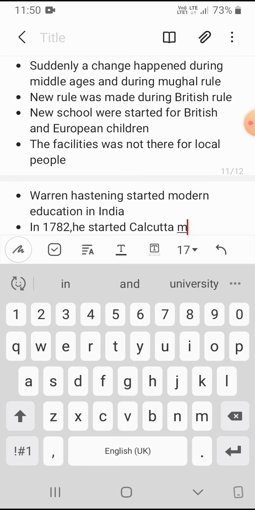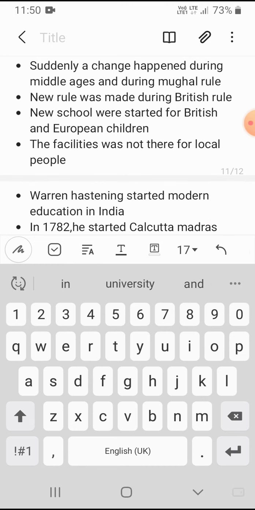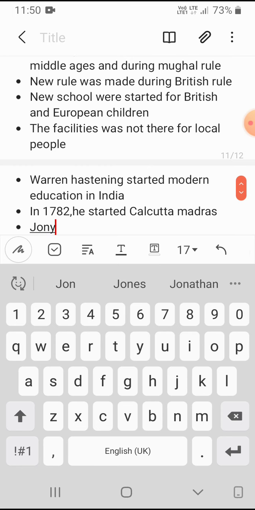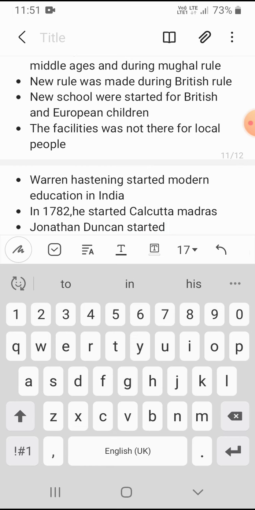Kolkata, Madras, and after that a person called Jonathan Duncan started Sanskrit College.